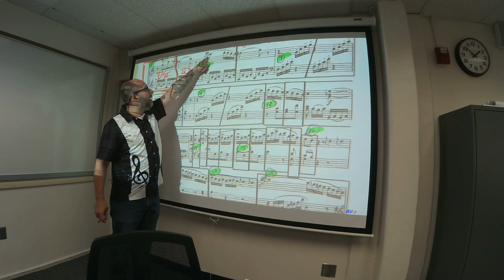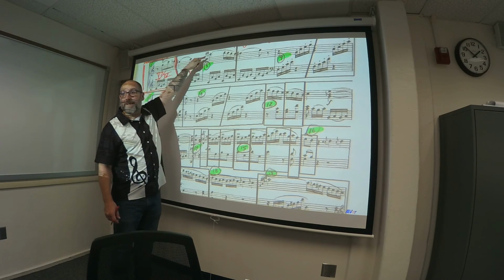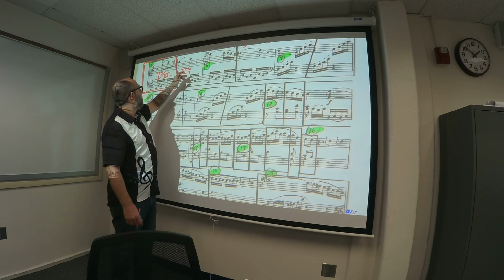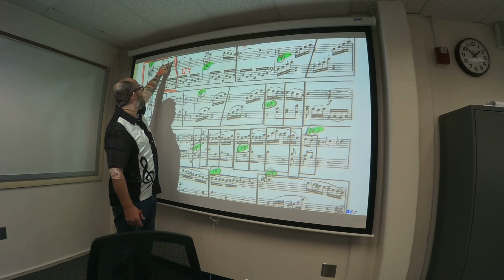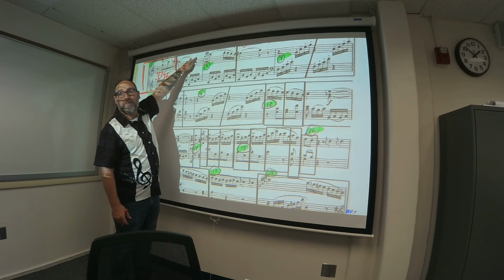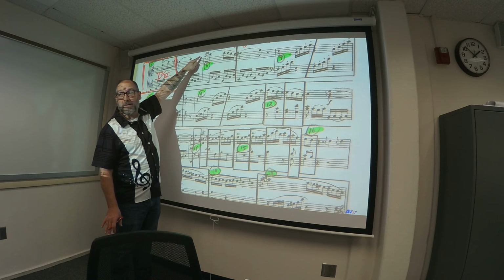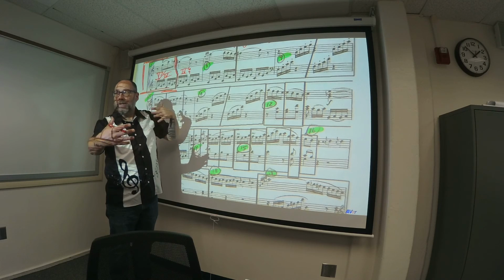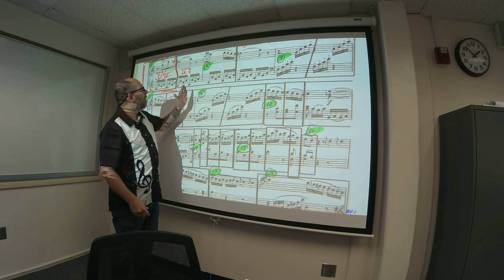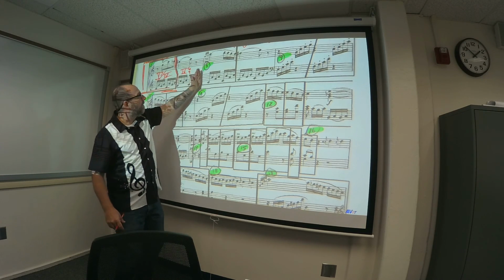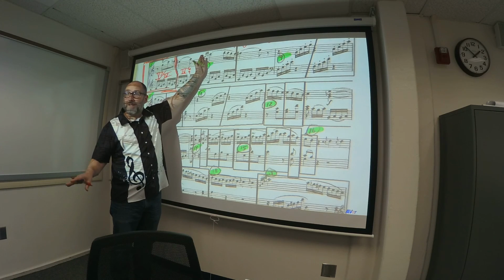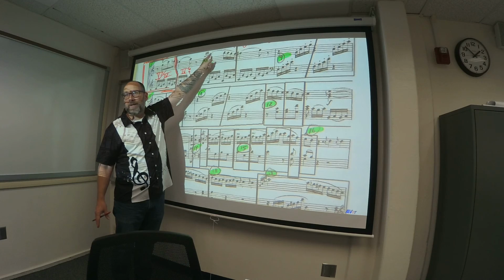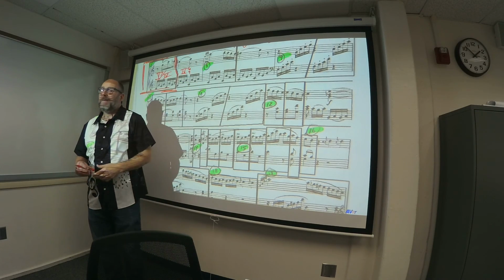Technically, you don't need that B natural because this bar line resets everything to the key signature anyway. Every bar line. So if I have a B flat here, and I had another B here, it would still be B flat, even if it's not marked. That's what accidentals do. They change the note for the full bar, not just the note they're on. But when you hit this bar line, you reset everything to what the key signature said. So technically, you don't need a B natural there. However, it's helpful.